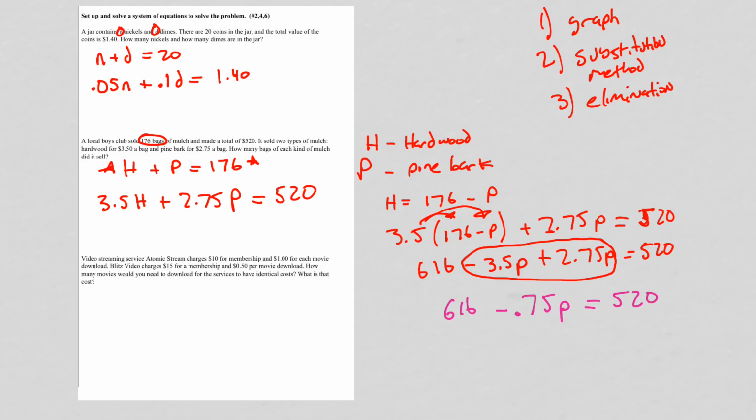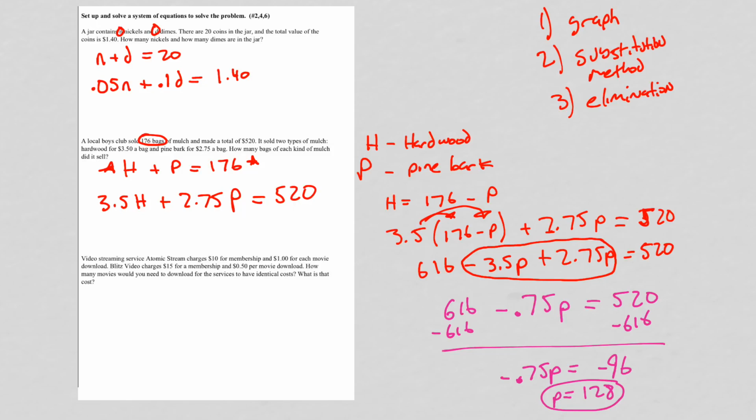From here, what's the opposite of positive 616? Negative 616. When you complete that, you get negative 0.75P is equal to negative 96. Divide negative 96 by negative 0.75, and you get the amount of pine bark sold, which is 128.